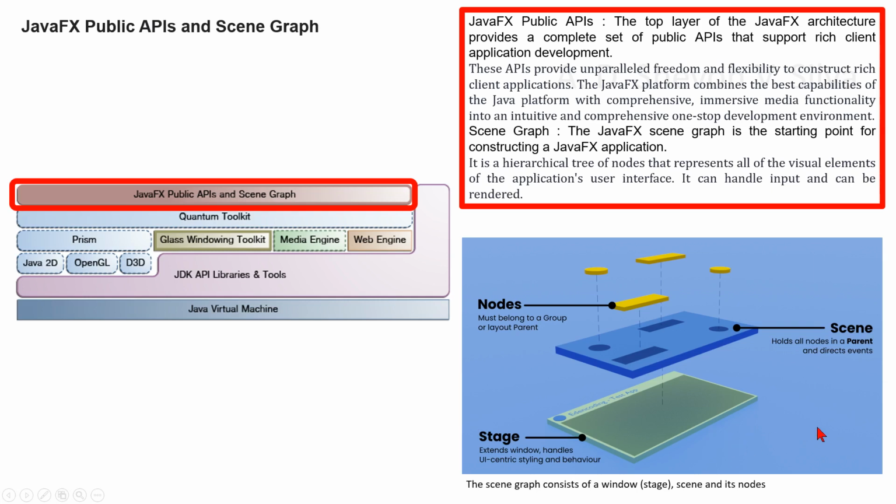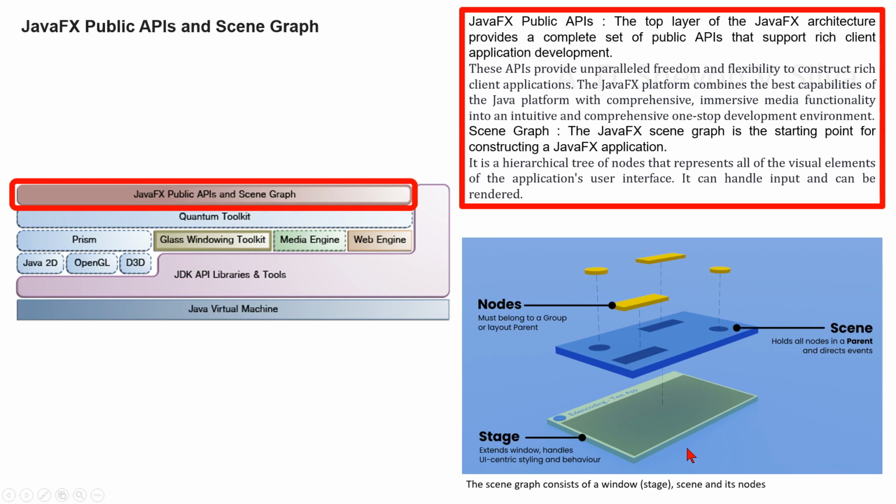Each of these concepts, stage, scene, scene graph, and nodes, surround the scene object, and together they discharge the responsibility of rendering your application to the screen.